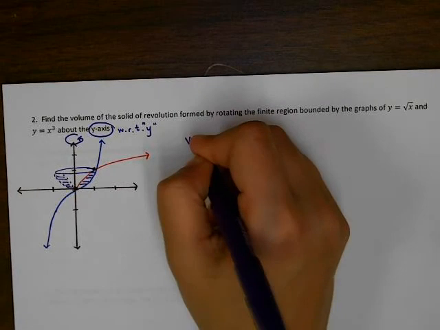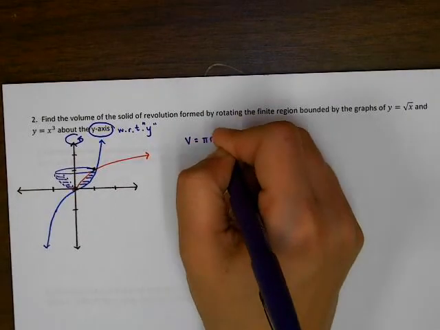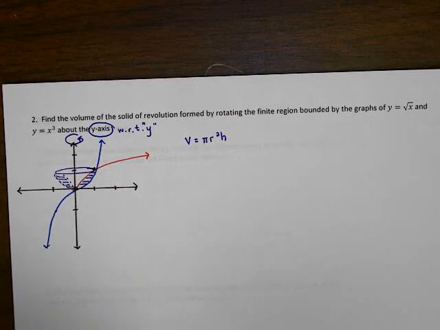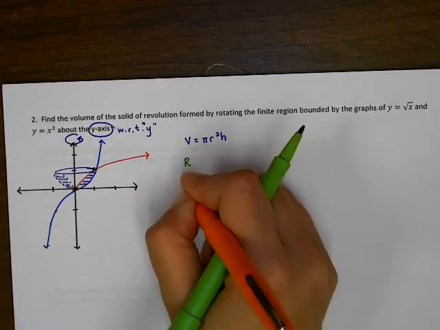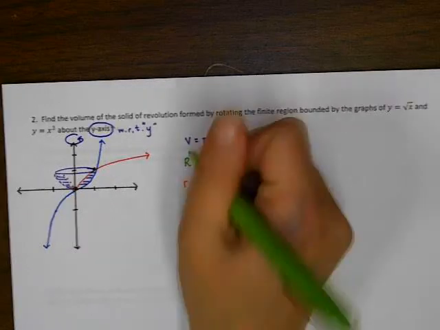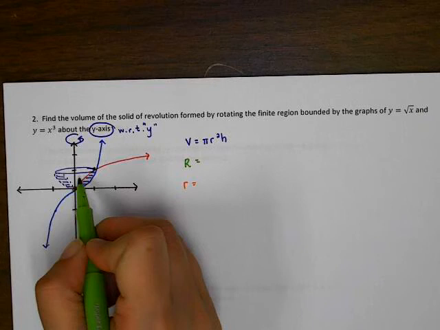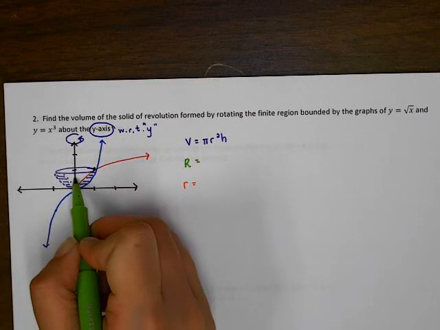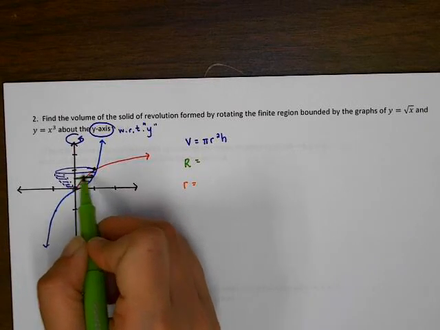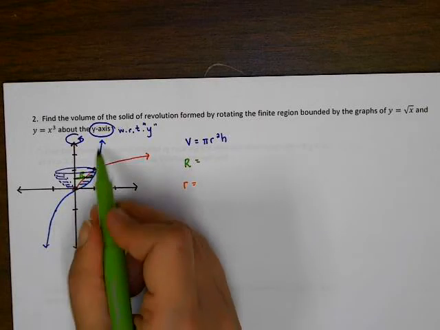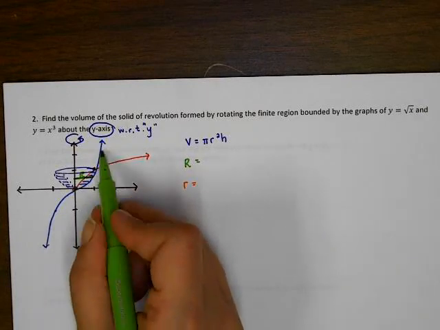So my volume would still be pi r squared h, but this time I'm going to have a big R and a little r because there's a hole in the middle. Big R in this case would go from the axis to the outer edge of the shape. So that would be all the way over here to the blue function.